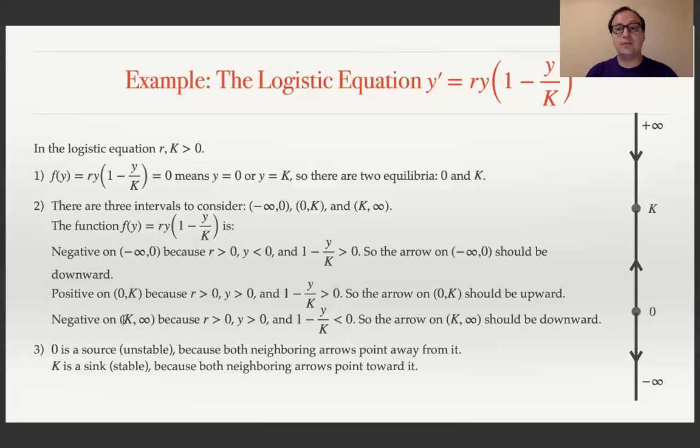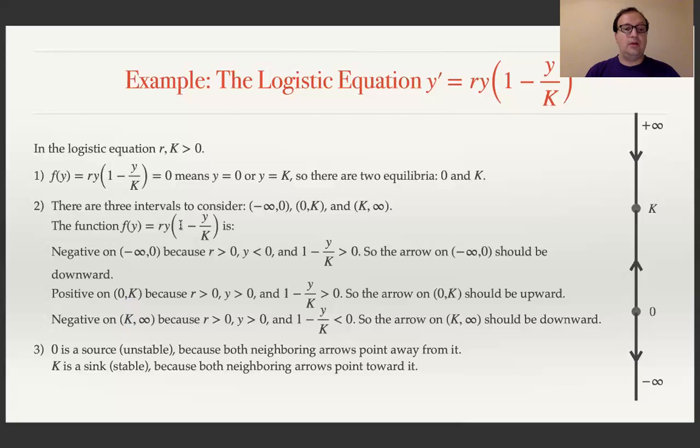Finally, when the interval is k to infinity, let's see. Again, the function is ry times 1 minus y over k. R is positive. y is positive because it's a positive number bigger than k.